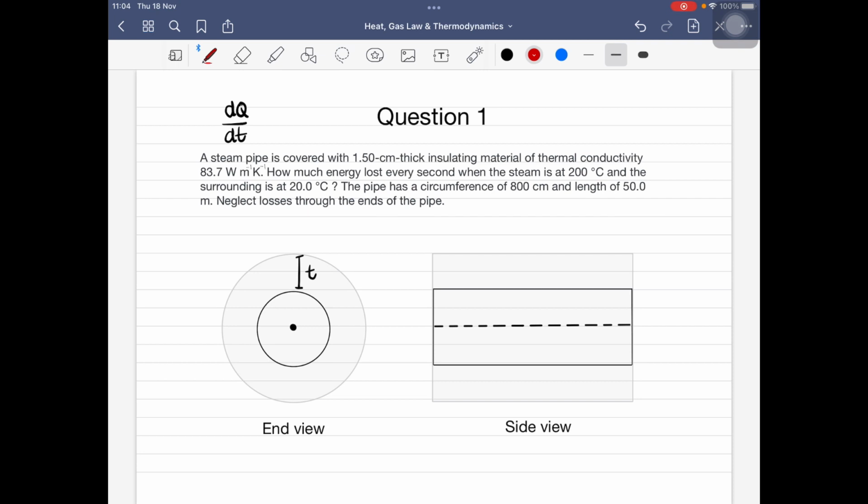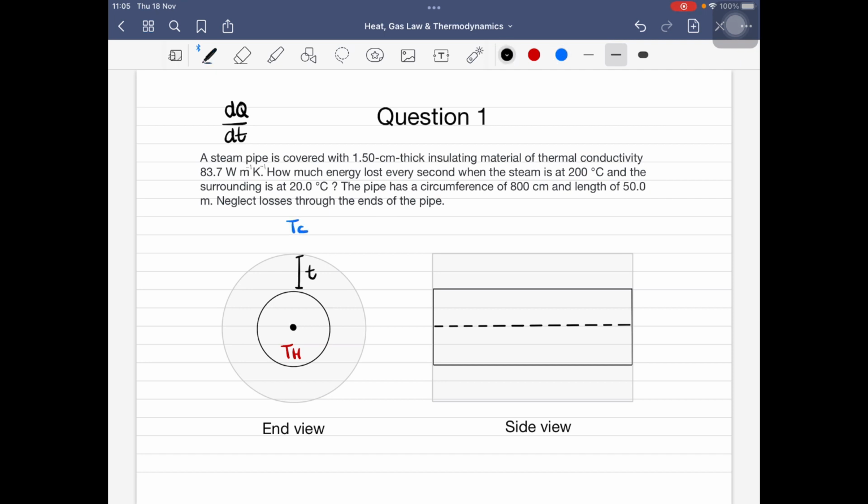Here is our pipe and here is our surrounding. Since the temperature inside the pipe is greater than 20 degrees, that will be T hot inside the pipe and the surrounding will be T cold.